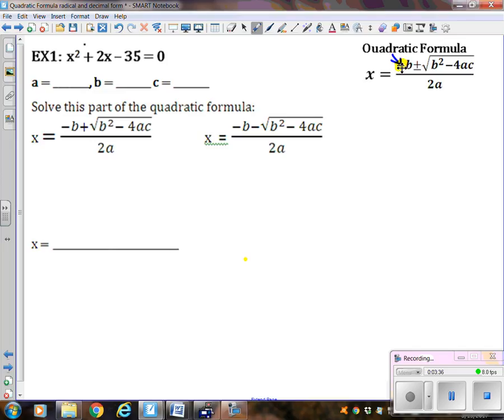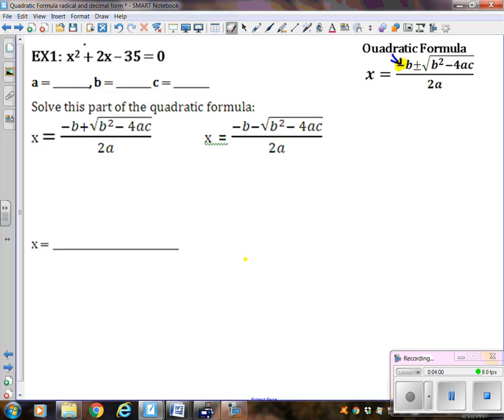What that means is we're going to add, so if I hide the negative, that means opposite of B plus the square root of B squared minus 4AC all over 2A. And then to get my second answer, I hide the plus sign, and then it's opposite of B minus the square root of B squared minus 4AC all over 2A. So that's how we're going to end up using that.